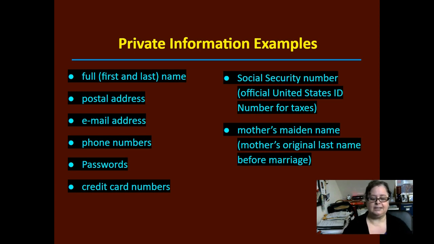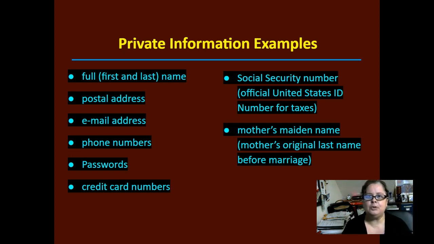It's one of the really important documents that you need to protect, and you need to really protect that number. And your mother's maiden name, which is your mother's original last name before she got married. If she changed it, some women change their last names when they get married, some do not, and that's all good.